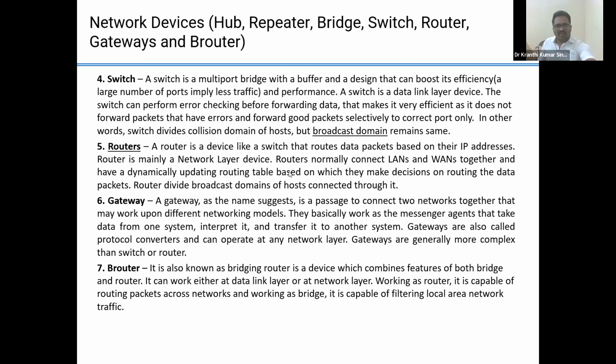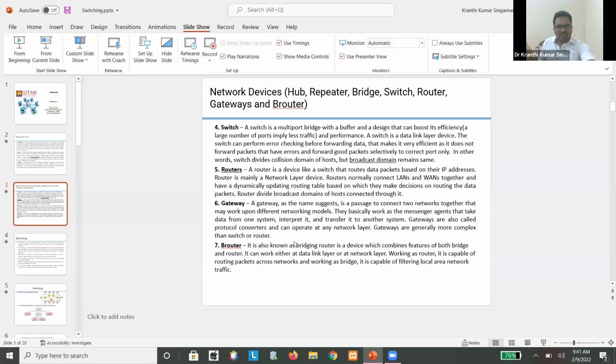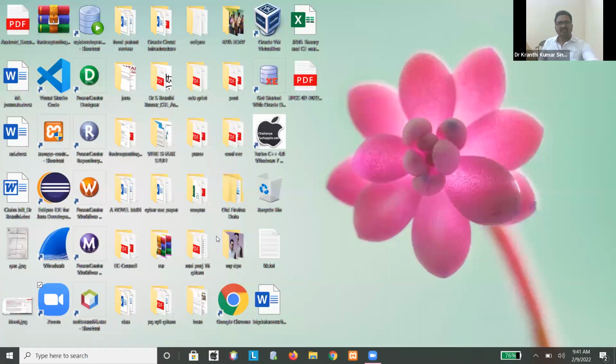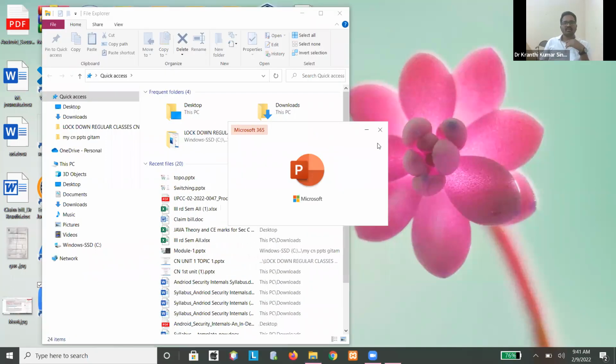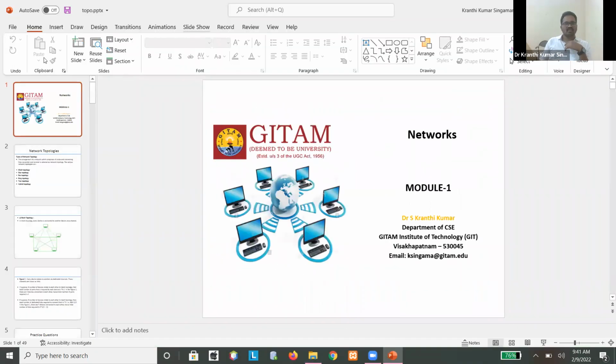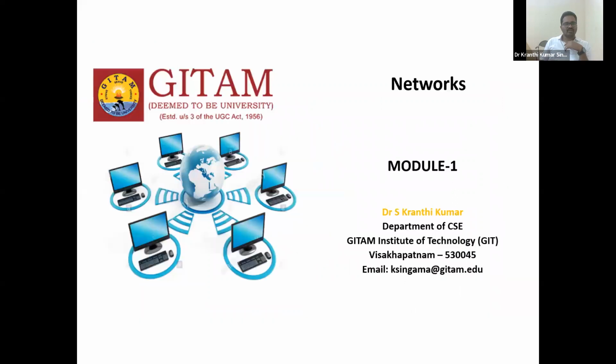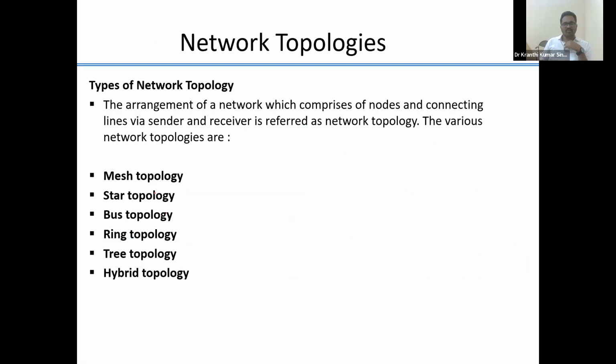Next one. Now we relate all these things to topologies. Here we have different types of topologies. What is network topology? For example, I have a sender and a receiver.